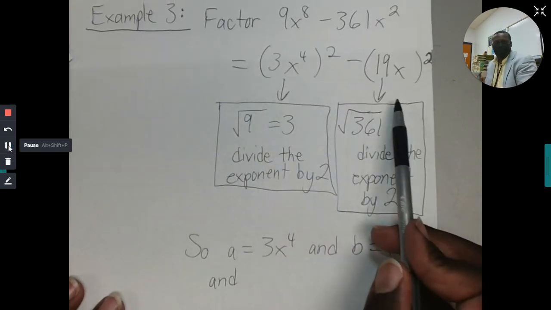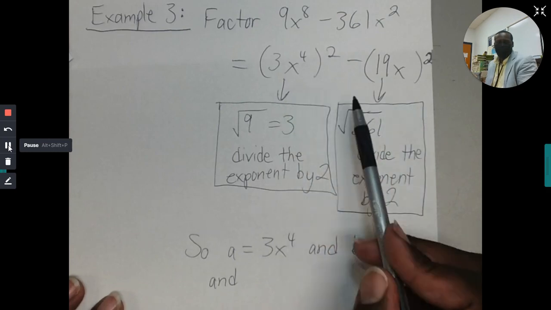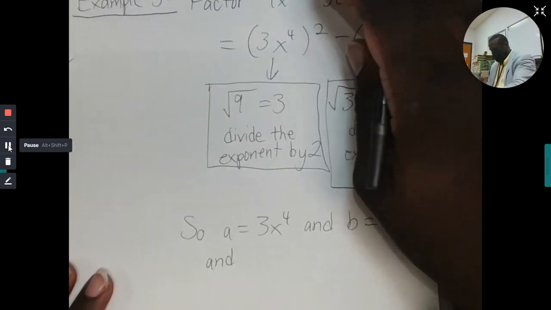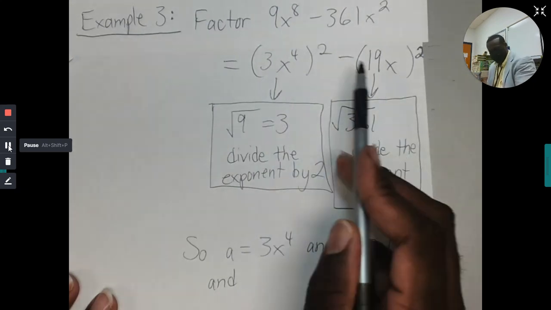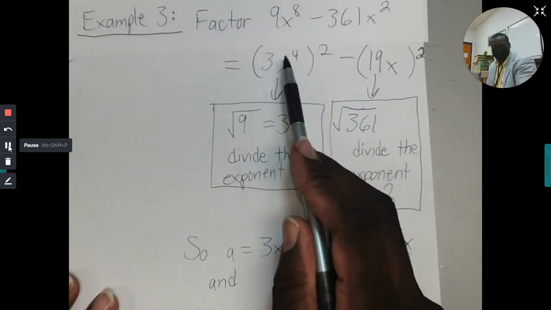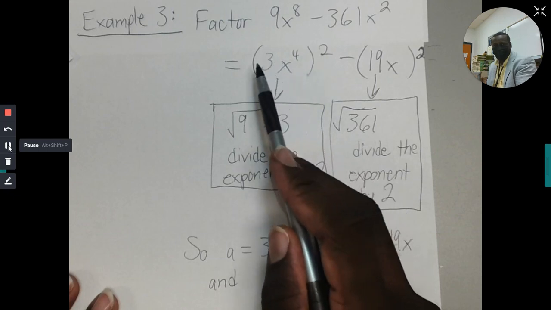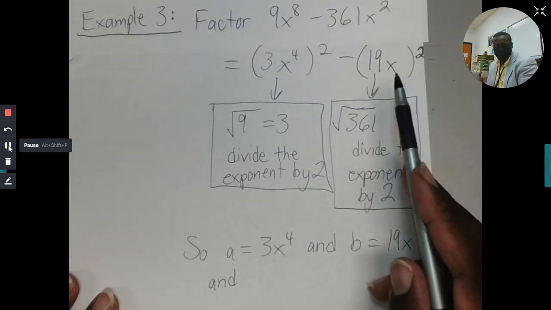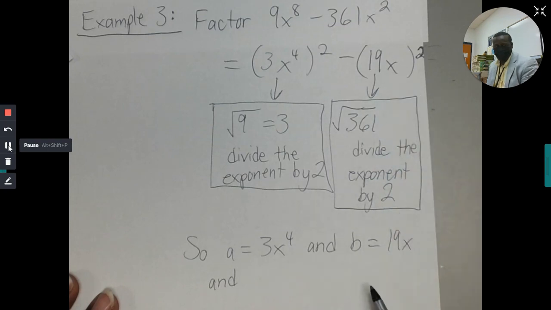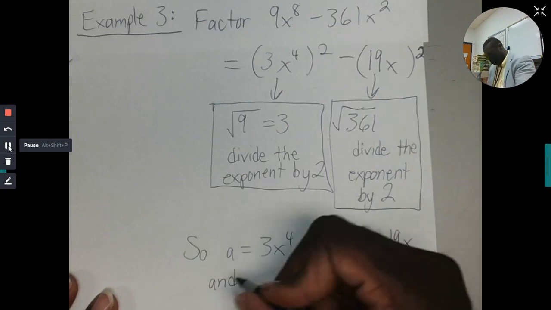Okay, so now with it written in that form, it should be pretty easy to identify what a and b are. In the first parentheses, that's a, so a is 3x to the 4th, and that second parentheses there, that is b. That is 19x.